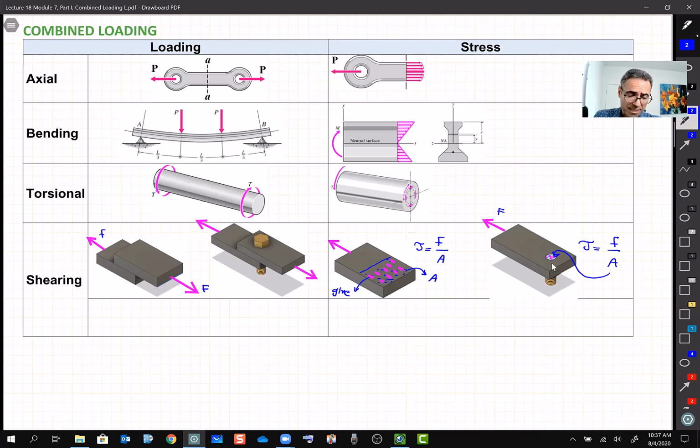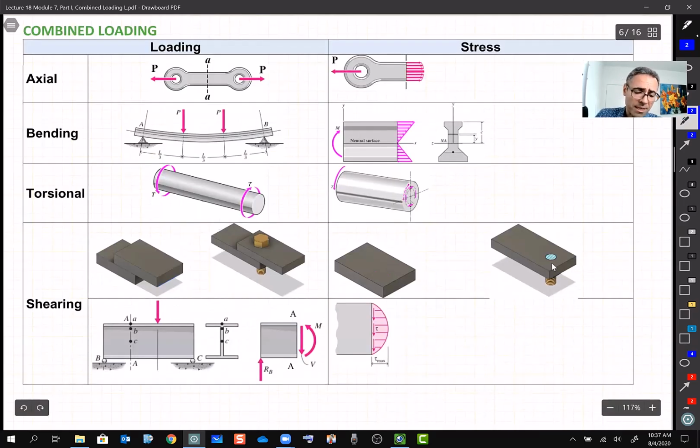Another type of stress, which belongs to the category of shearing and which you haven't learned in this course, is shearing stress for a beam. If you recall, for a beam at any cross section, you have internal loads M and V, right? You learned how to draw the diagrams for this V and M. So this M results in bending and bending stress, the second type, right?